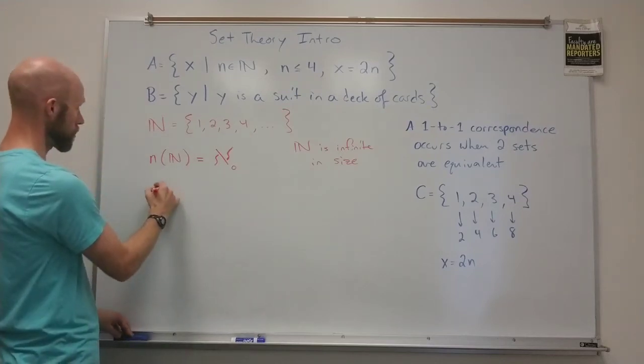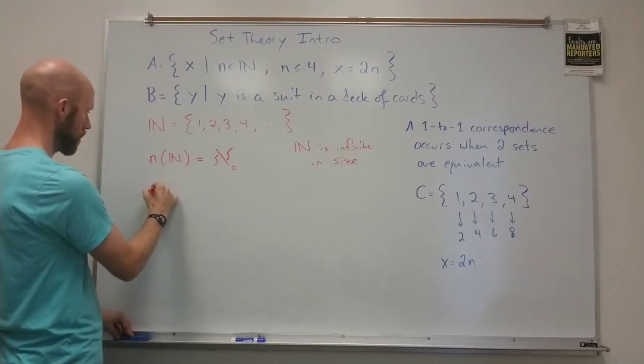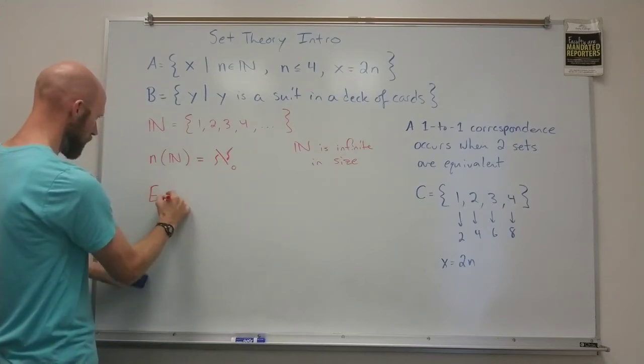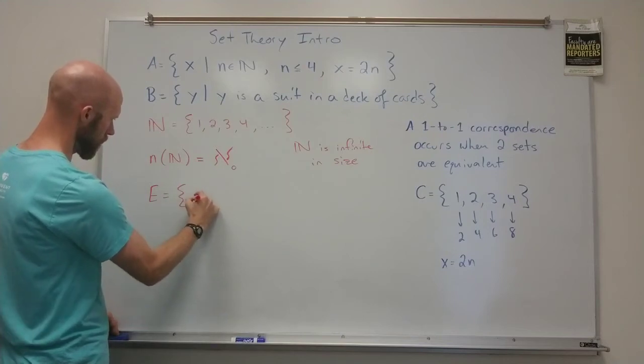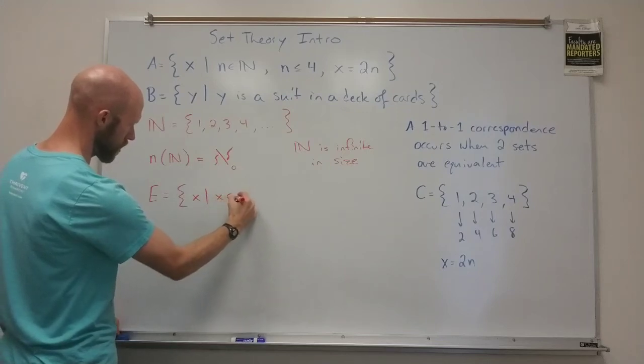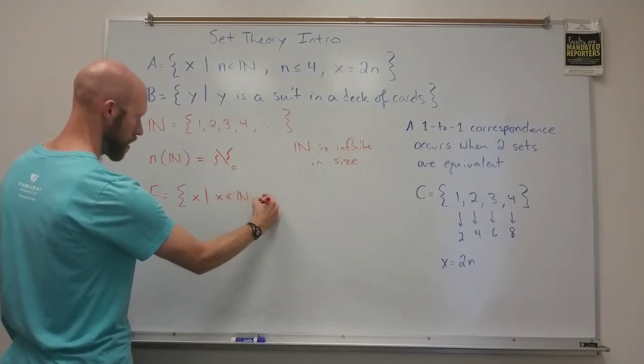If I had, let's say, set E, set E is the set of all x values such that x is in N. How do I do that?